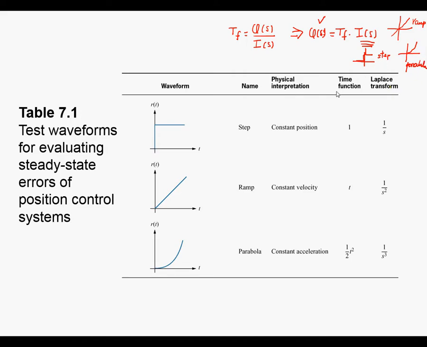Now you see, if you do the step input, the time function is a step like this, going to 1, just a step input. And the Laplace transform of this function is 1 over s.